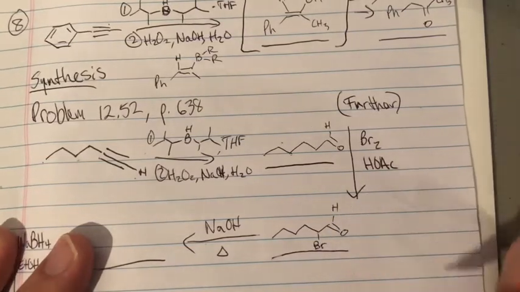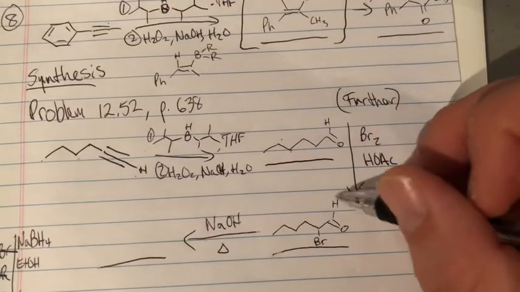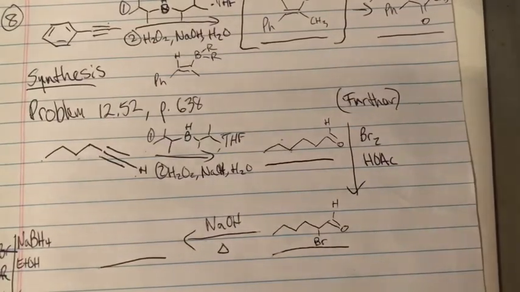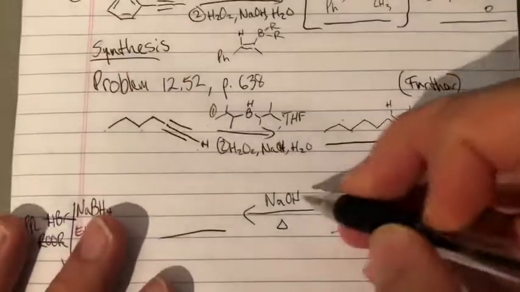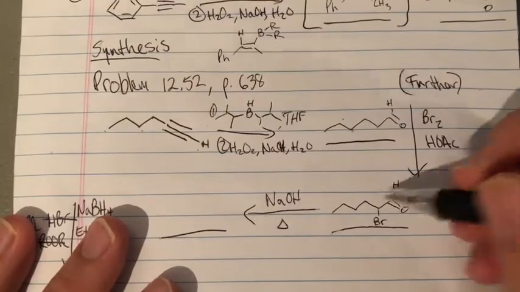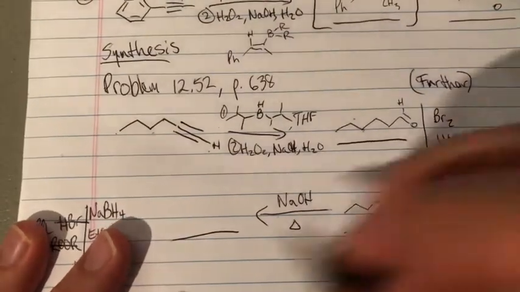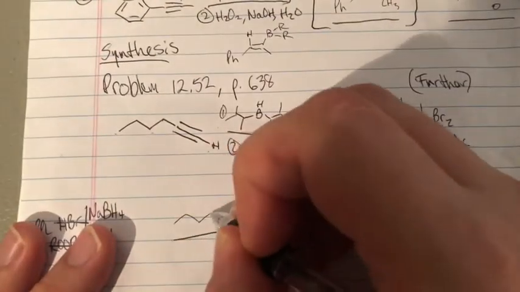So this is almost analogous to what you would see if you had, let's say, a quaternary carbon on the opposite side of that carbonyl. Treat this with NaOH and heat, and you're going to get an elimination product. So in other words, you're going to have a conjugated aldehyde.